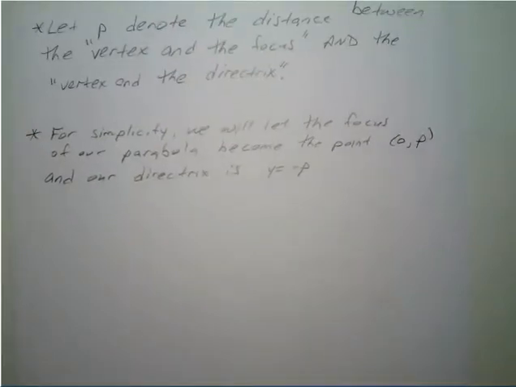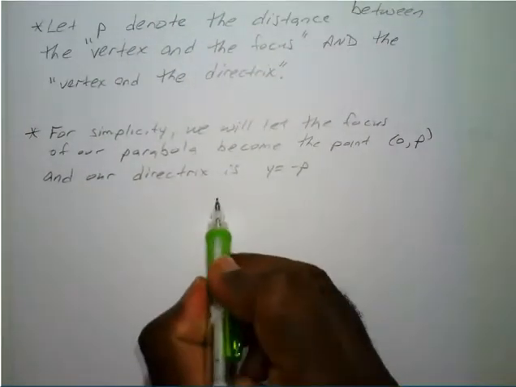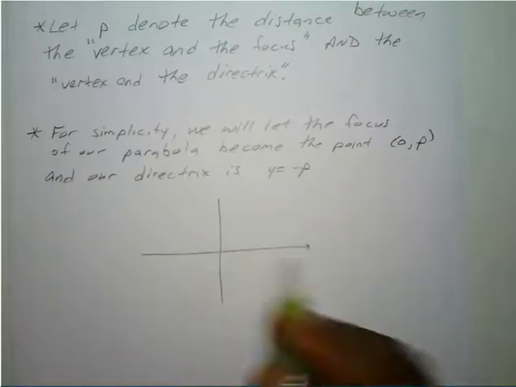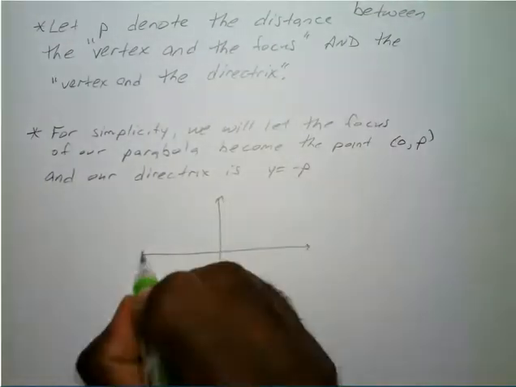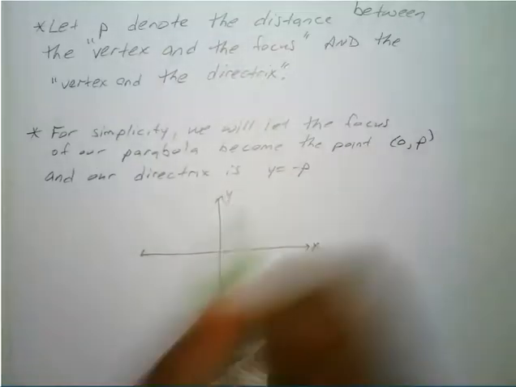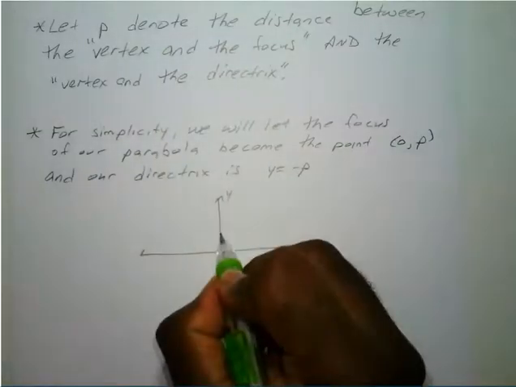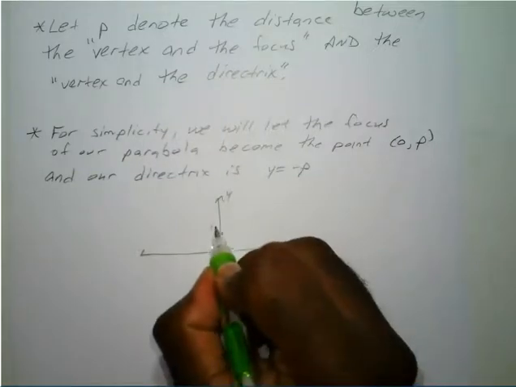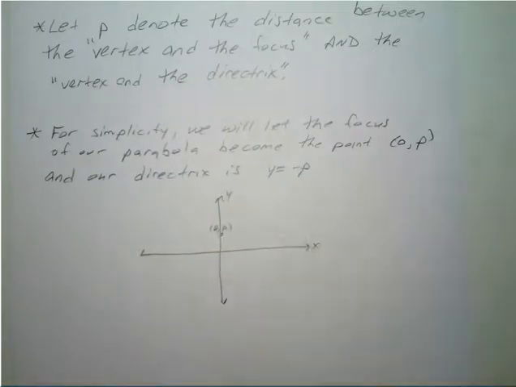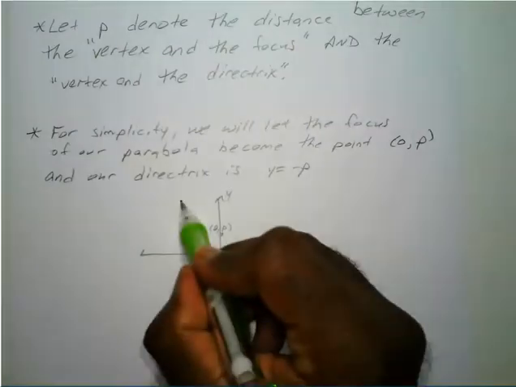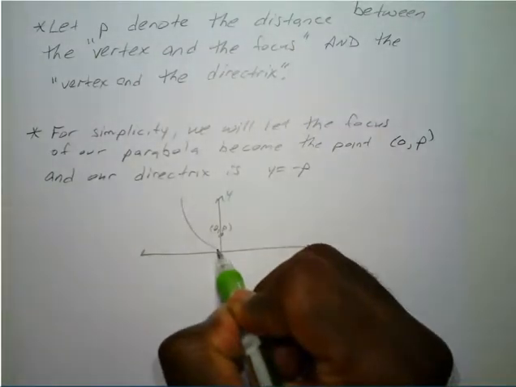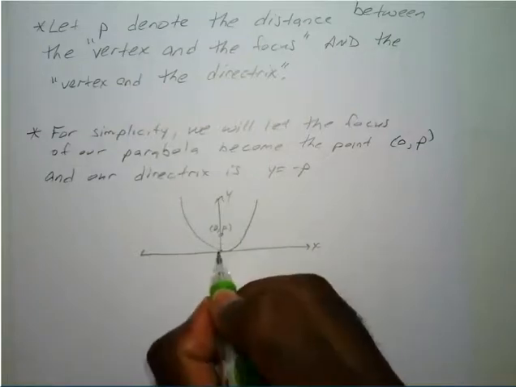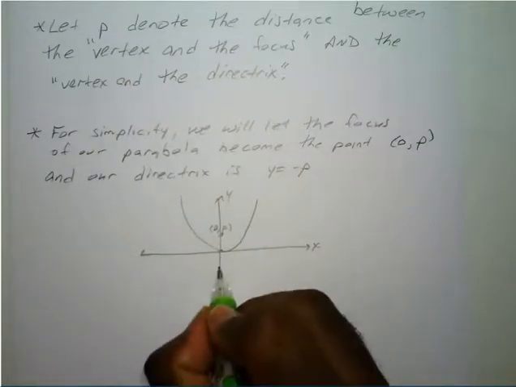If we draw that out, we have our y-axis and our x-axis. Our focus is the point right here, (0, p), and our vertex is right at (0, 0).